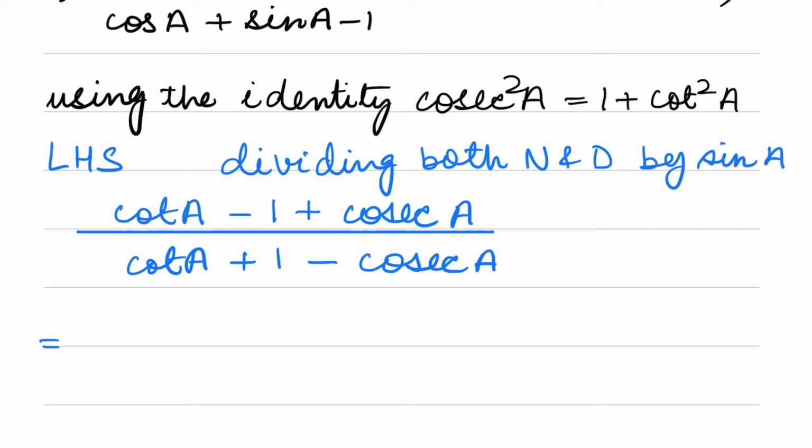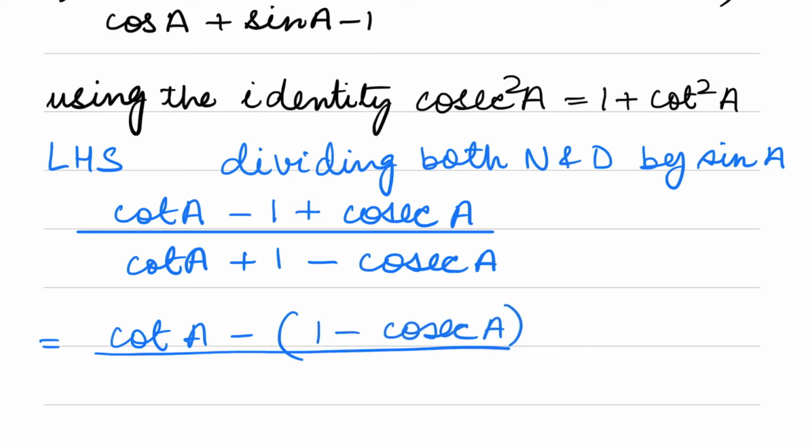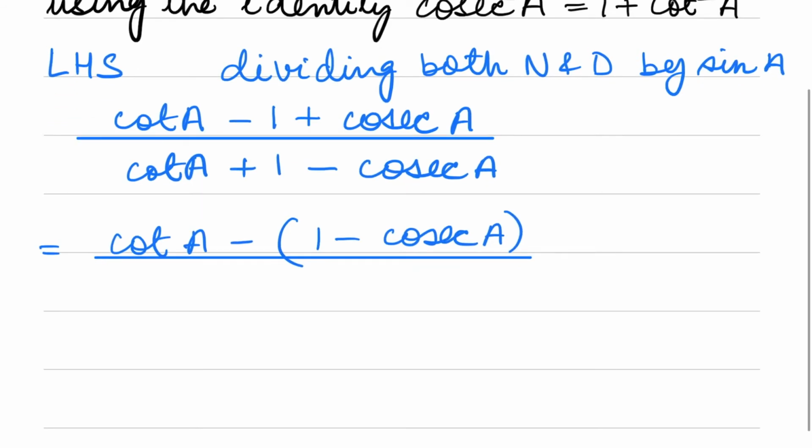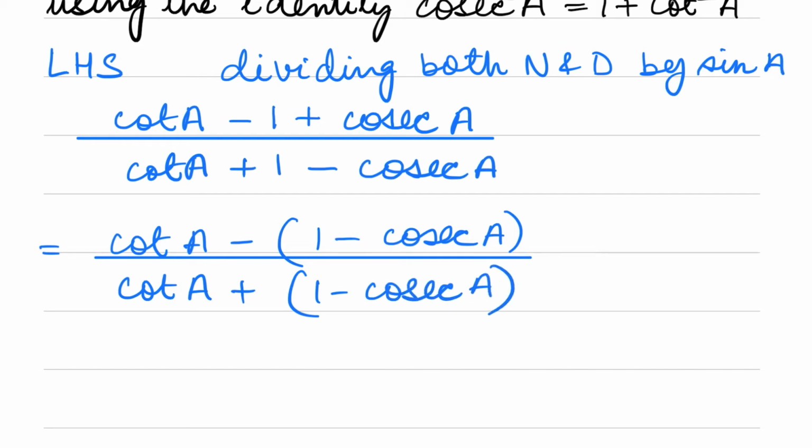Now this is equal to cot a minus, I can take common, and I can write 1 minus cosec a, divided by cot a plus 1 minus cosec a.